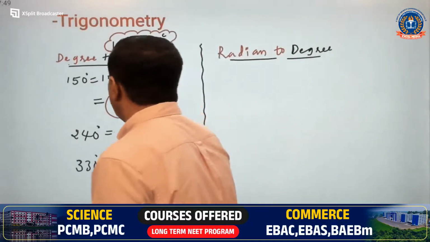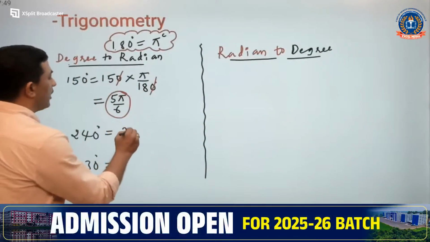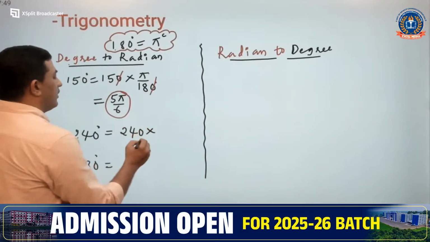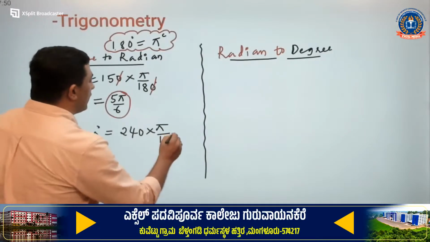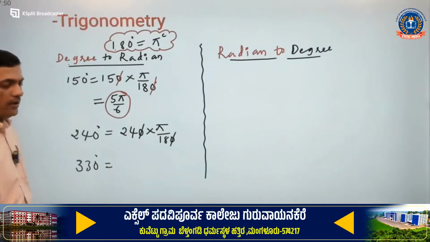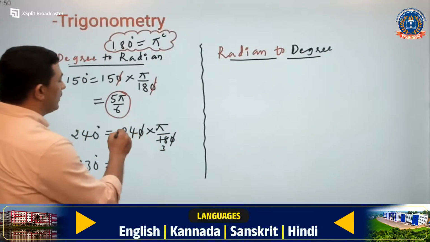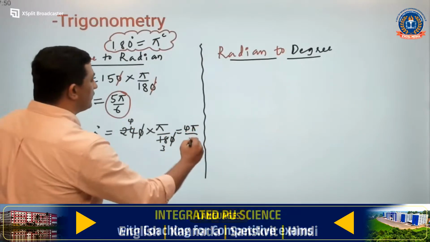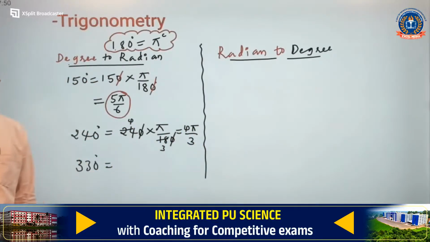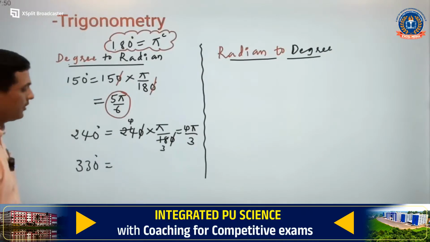Listen carefully. What we do? ಯಾರಿಗೆ ಗೊತ್ತಾಗಿಲ್ಲ ಅವ್ರು ನೋಡ್ರಪ್ಪ. 240 into pi by 180, 0 cancel ಆಯ್ತು. 6 3s are 18, 6 4s are 24. So the answer is 4 pi by 3. That is the first answer. Alright.